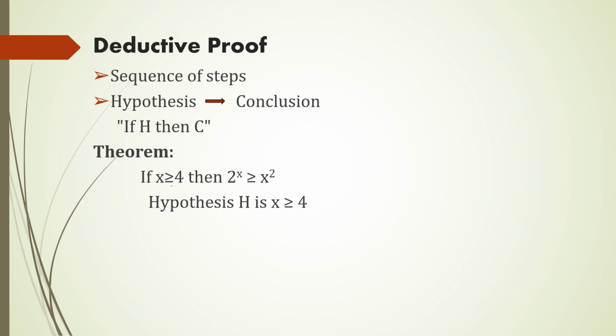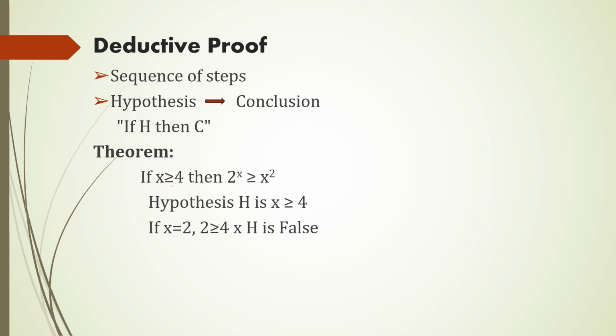So let us take a value which doesn't satisfy that condition, for example x is equal to 2. Substituting the value, 2 is greater than or equal to 4 is false. So the hypothesis is false.